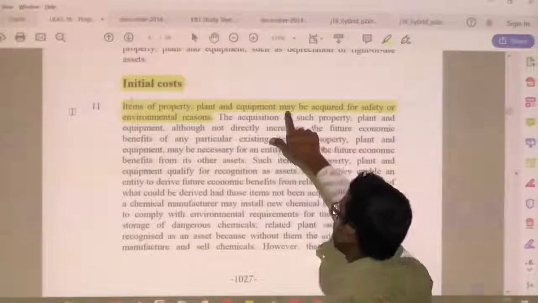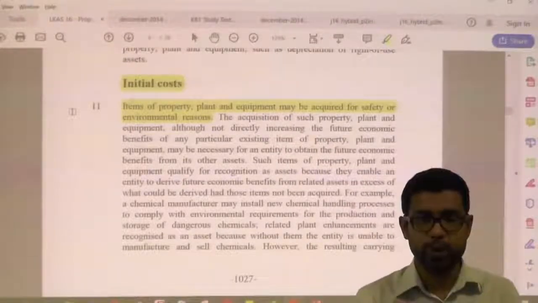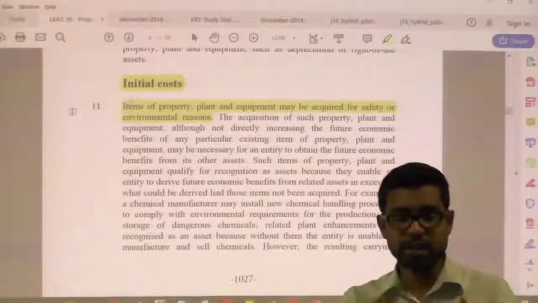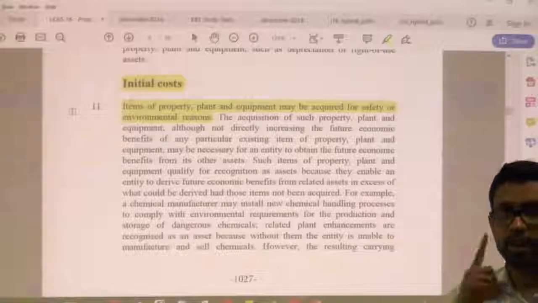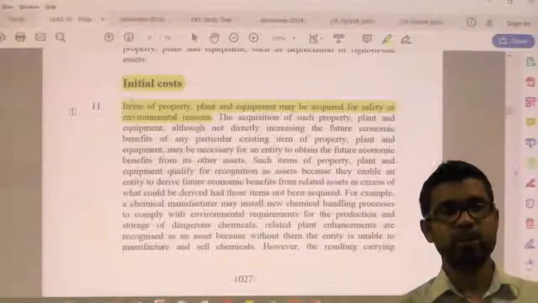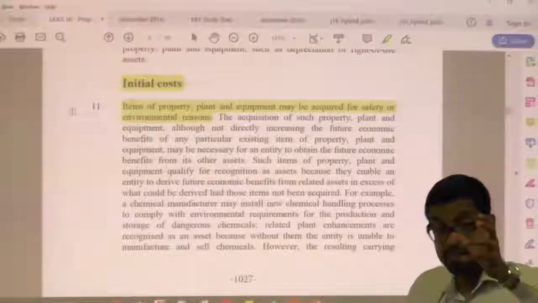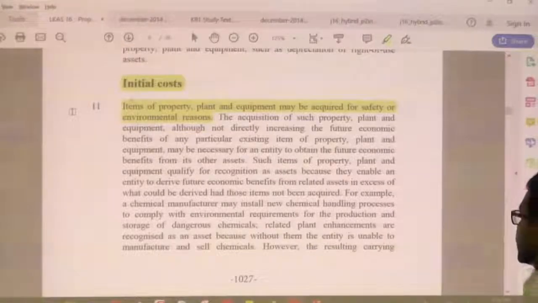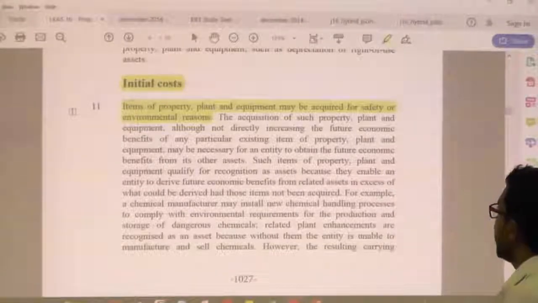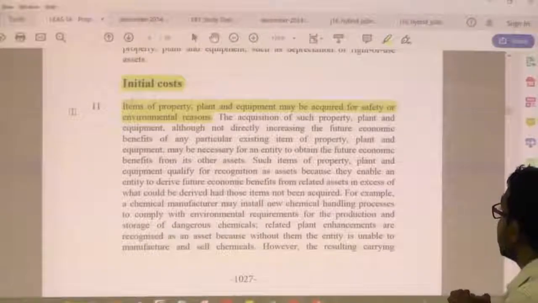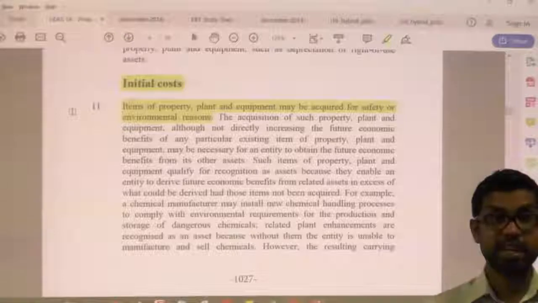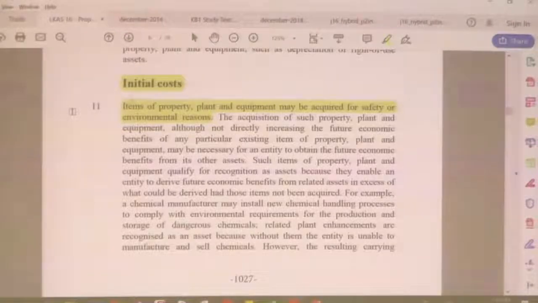Items of property, plant and equipment, all these things, the complex analysis I have explained to you: what is initial recognition and subsequent measurement, revaluation, cost model, depreciation, residual value estimation, and how you deal with upward and downward revaluations. Depreciation you can do on your own. When it comes to an item of property, plant and equipment, it may be acquired for safety or environmental reasons.